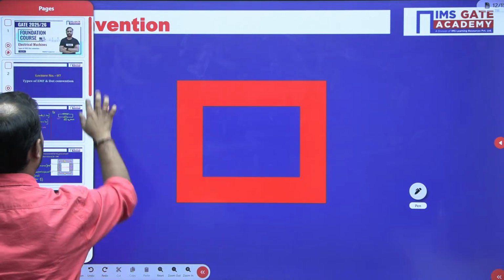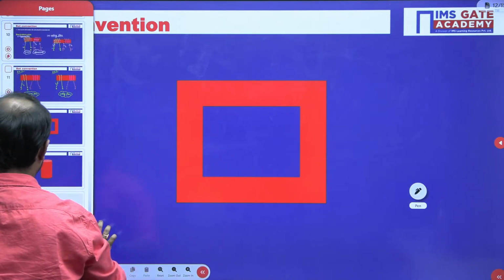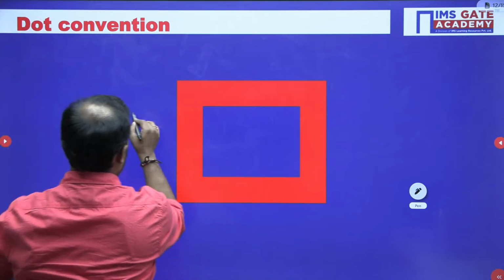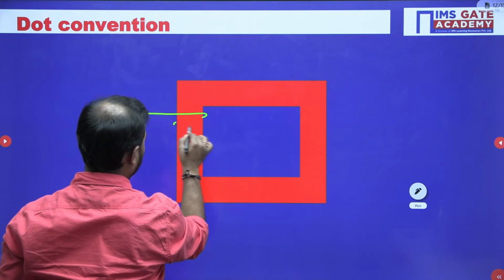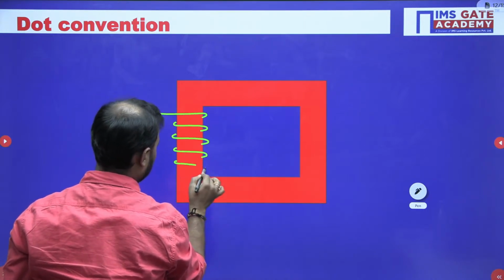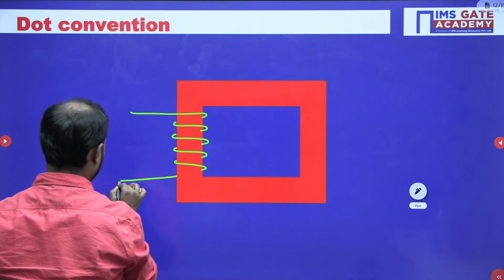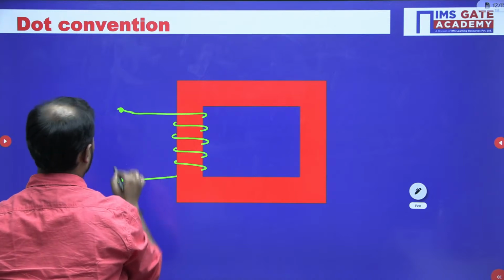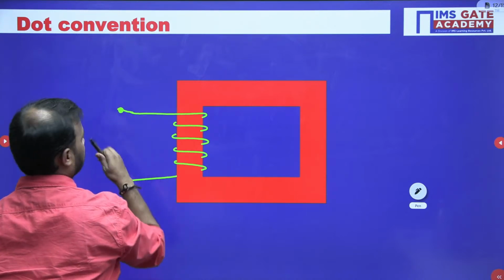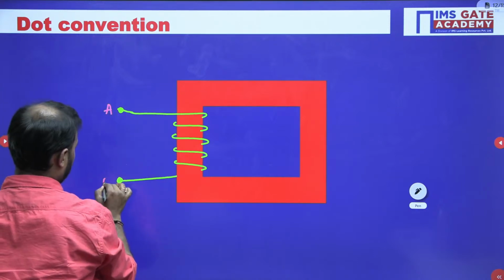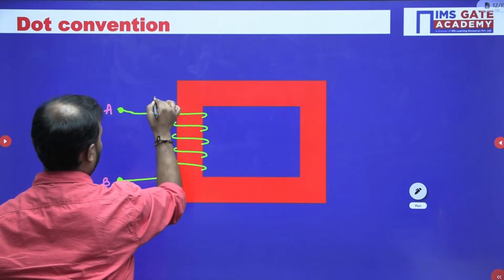Just a second. One more homework question, let me make the figure. A, B, and this is current I1.